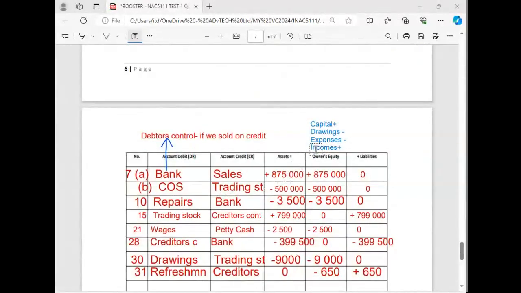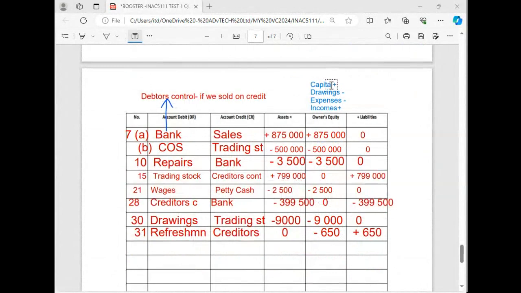So because expenses affect owner's equity, that's why I had to come here. I came here because of this account, because it's an expense. That's the first thing that I must check.